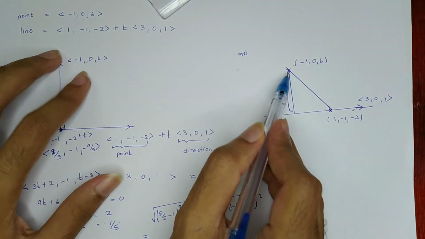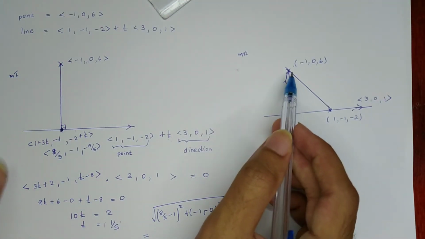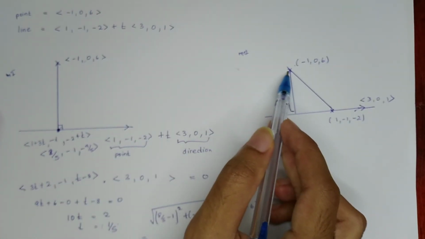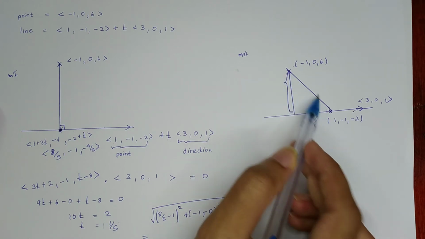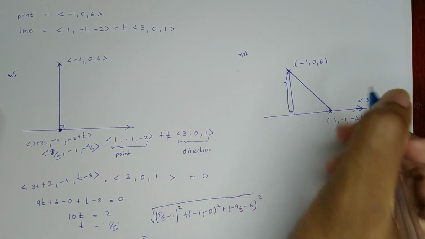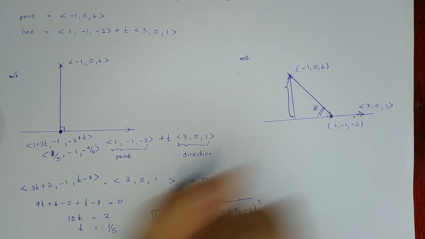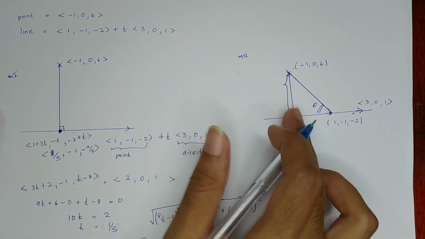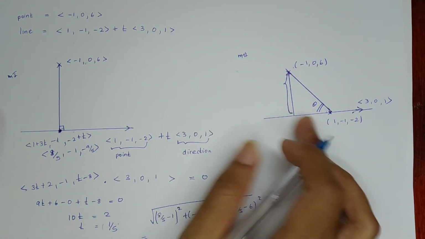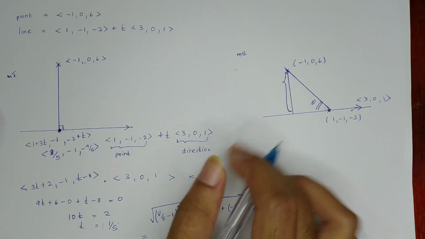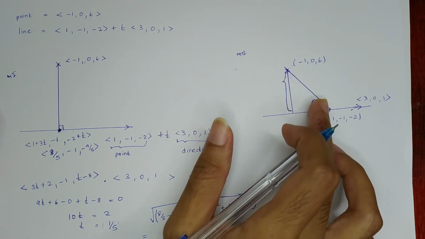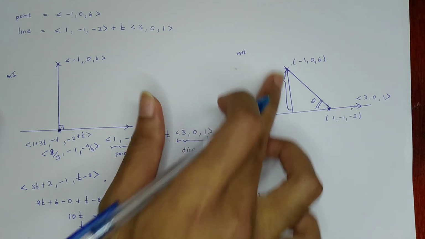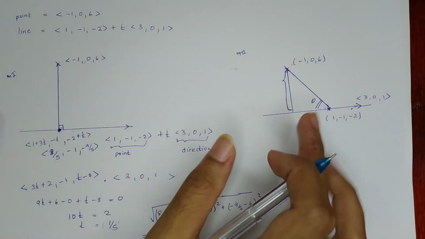Which simply means, if you find it as a right angle triangle, if you know the magnitude of this portion and this angle, let's say this is theta, if you know these two, you can directly find the magnitude of this. It's like a trigonometric function. If I know the magnitude of this and the angle, I can directly use AB cos theta or AB sin theta. So I'm going to use this method.